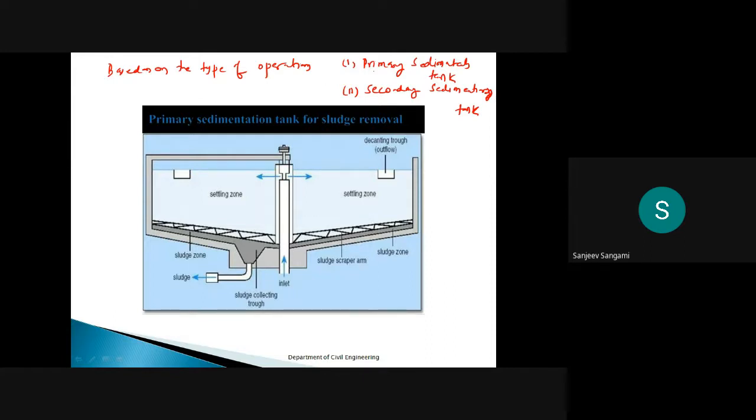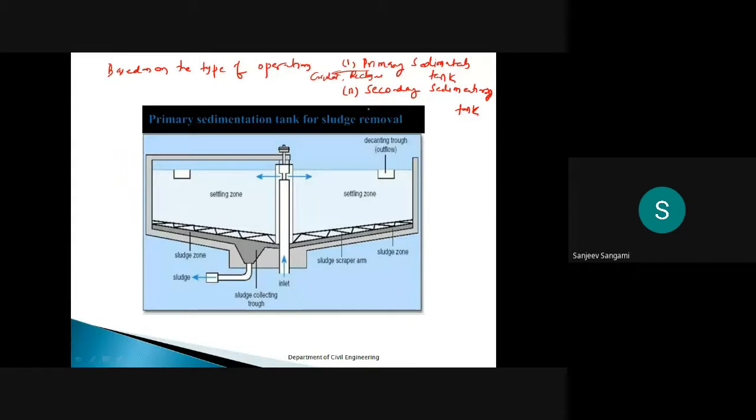So here also you can classify the primary sedimentation tank, again circular and rectangular. In the secondary sedimentation tank, again circular and rectangular.